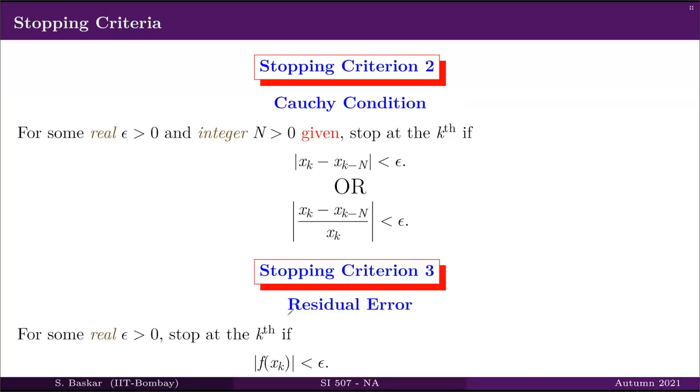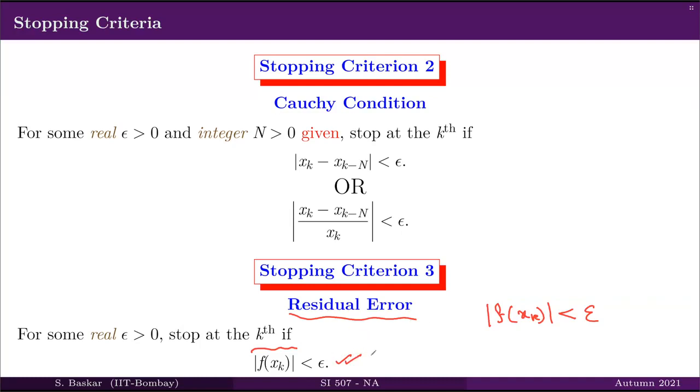Another idea is the residual error. That is, you just take |f(x_k)|, and if that is less than epsilon, you may choose to stop the iteration. This may also look a bit convincing, but this is very dangerous because it may not always work.